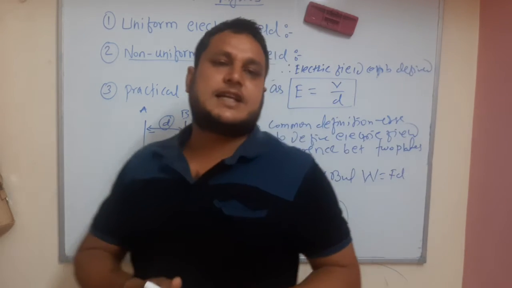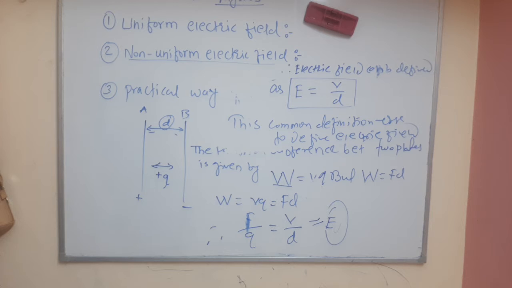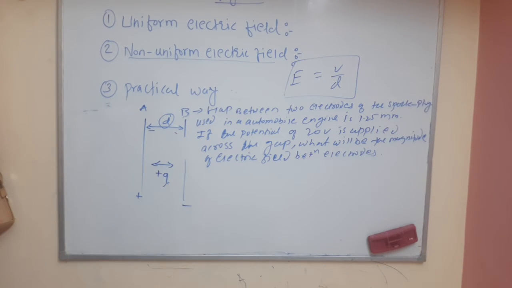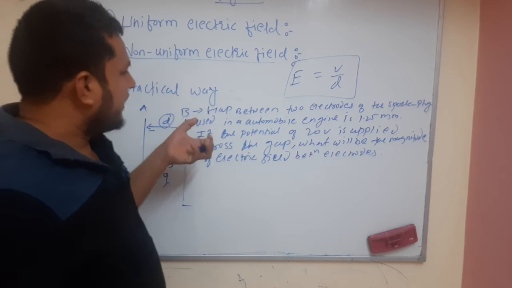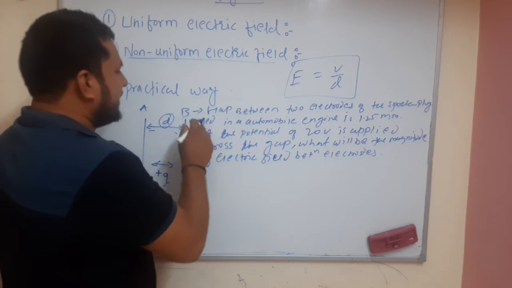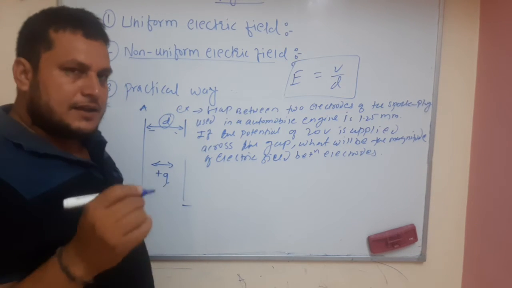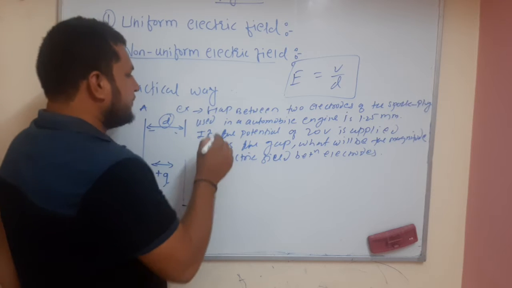Then we will take an example to solve this equation. Here I am writing very fast due to less space. So here we are having the problem, that is what I am reading. Listen carefully.